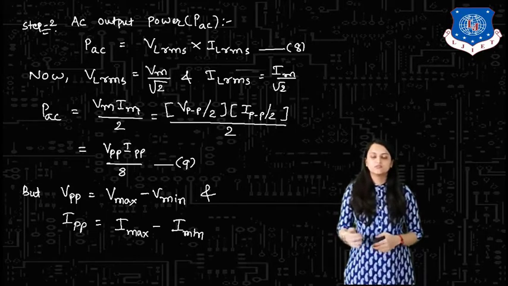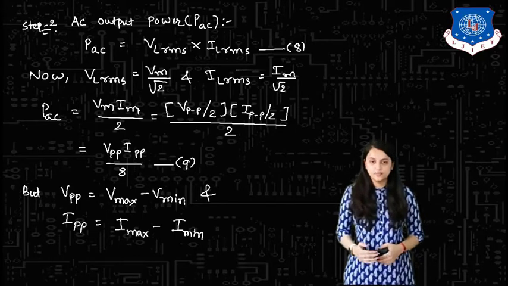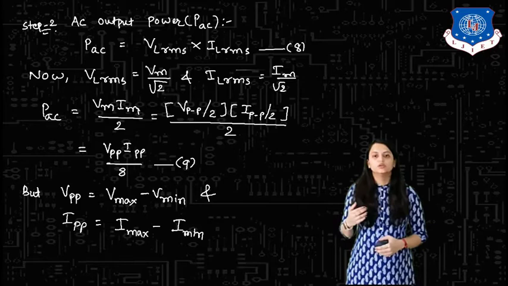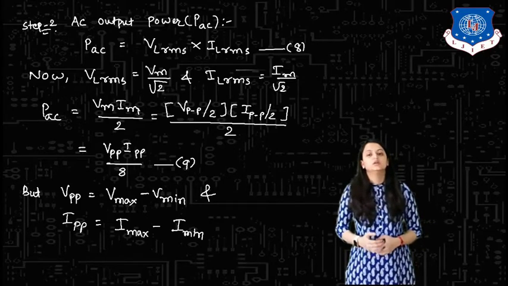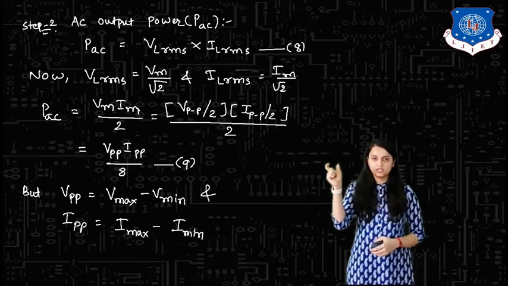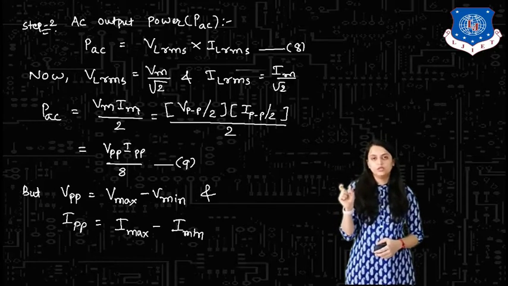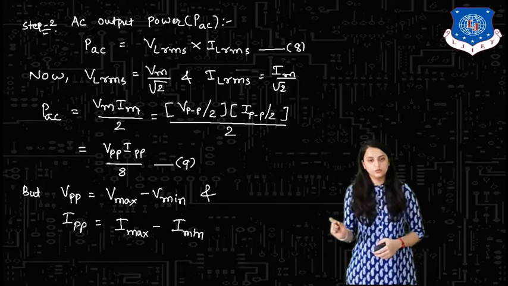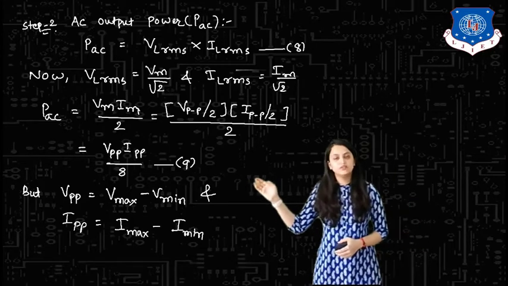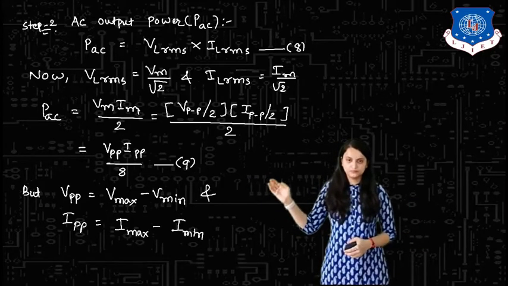Placing these values, we get PAC equals VM IM by 2, where VM is the peak voltage, VPP by 2. In the same way, IM is IPP by 2, which will give equation number 9, that is VPP IPP by 8.